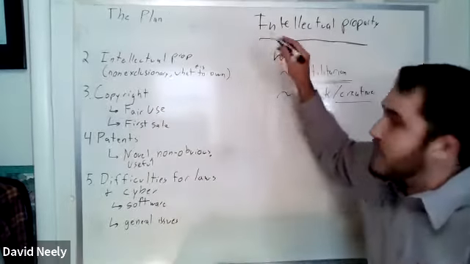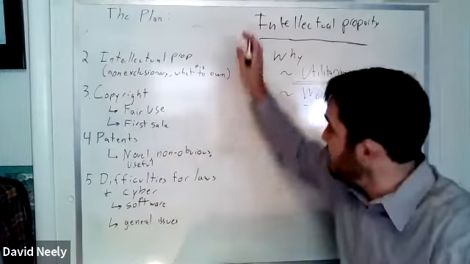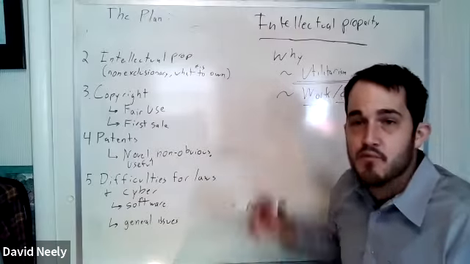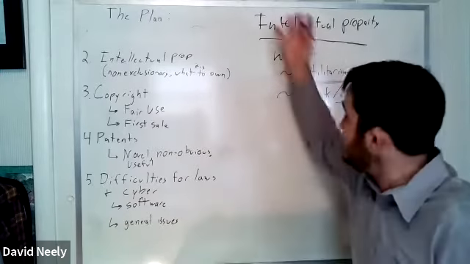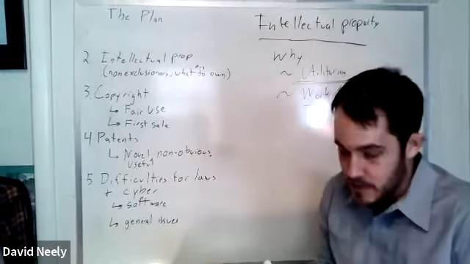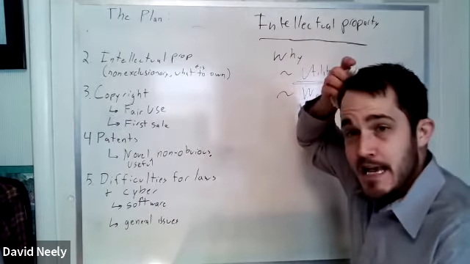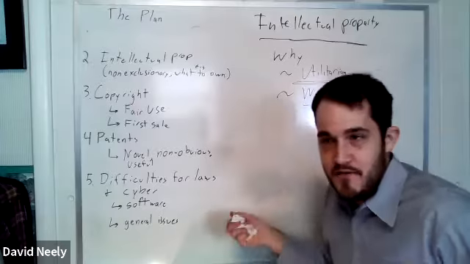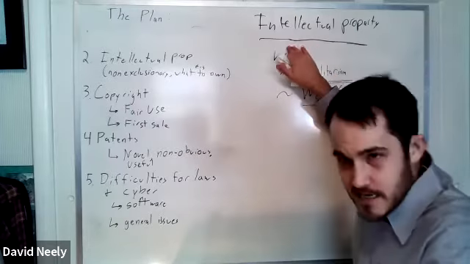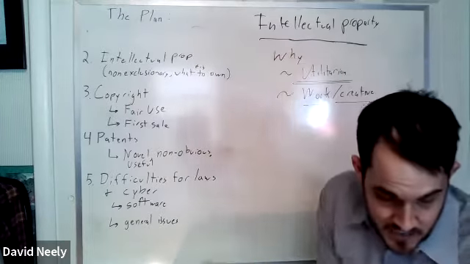So intellectual property is a way of rewarding artists for coming up with creative ideas, and rewarding companies for providing those artists with the means to get those ideas out into the world. If there wasn't intellectual property, nobody would be able to make money off of innovation.